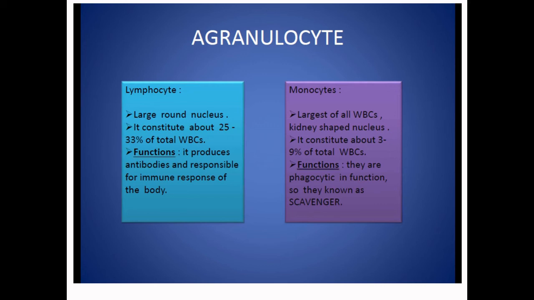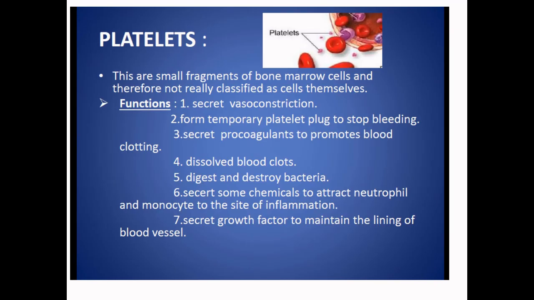Next are platelets. The platelets are small fragments of bone marrow cells, and that's why they are not really classified as cells themselves, though they are part of the blood.